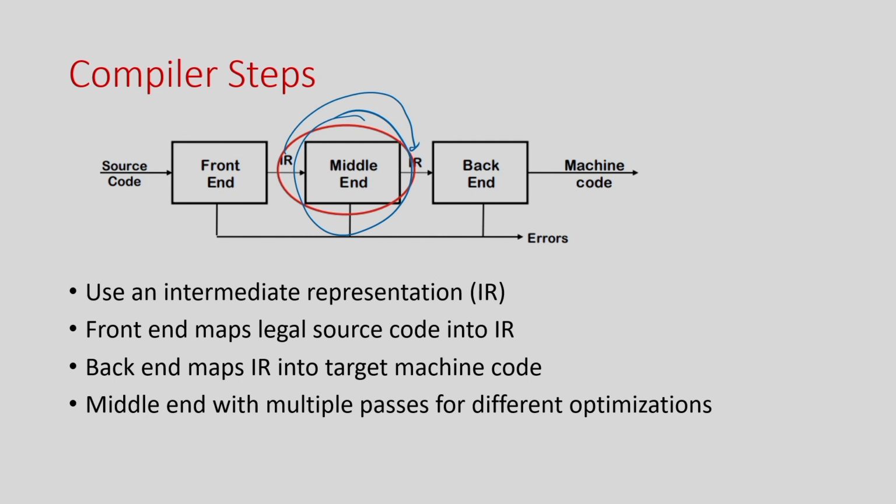In the normal GCC flow, this IR will be converted into assembly language and then into machine code, which is done by the back end, and then that will run on some processor.